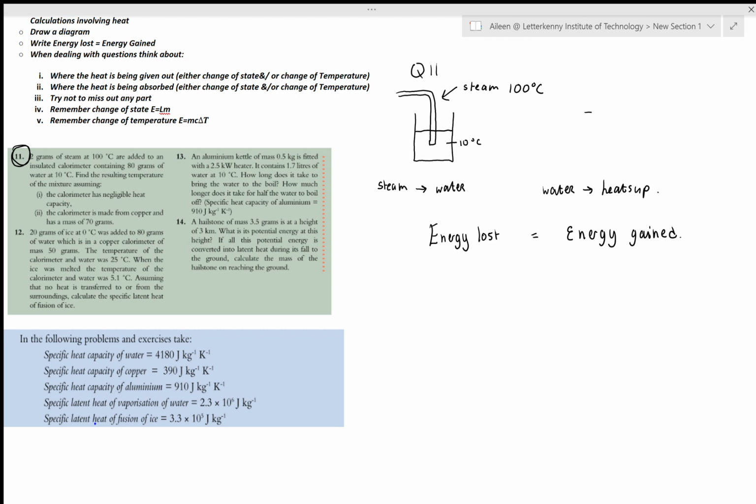Our steam is changing state from a gas to a liquid, and our water then takes this energy and heats up. So where is our energy being lost? Our energy is being lost by the steam changing state.